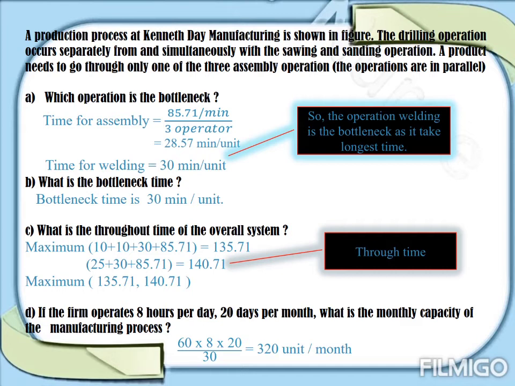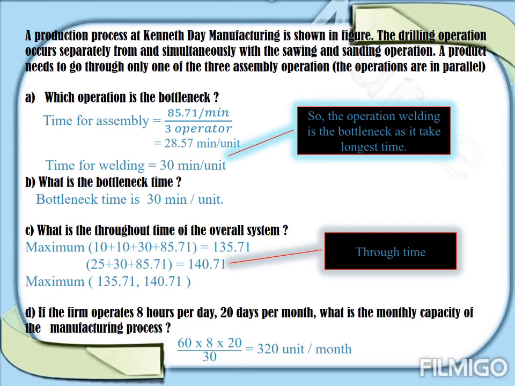It means the simultaneous operations are sawing, sanding, and also drilling.